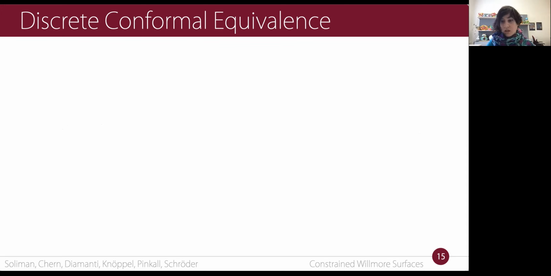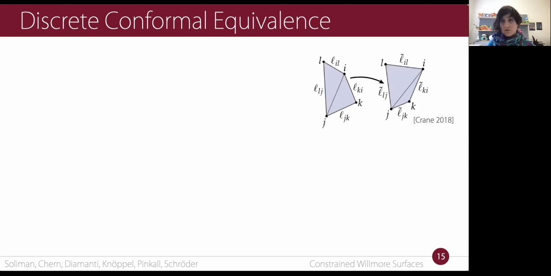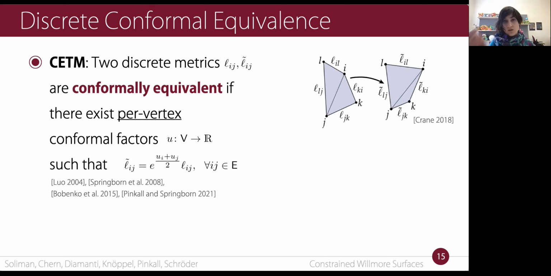Okay, so for the conformal equivalence definition, we have two metrics, L and L tilde, and it should involve some kind of pointwise scaling of the metric by positive factors. Again, there are a few options, but the one that ends up being the best one is the so-called CETM, which places the conformal factors at vertices.